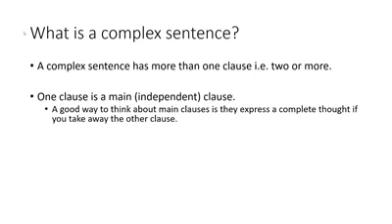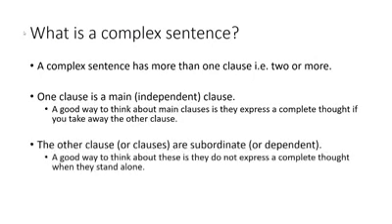When I say main clause, or if you see independent clause, that means it's the same thing, just different names. And a good way to think about main clauses is they express a complete thought if you take away the other clause. If you deleted the other clause, or covered it up, that main clause would make sense. It would express a complete thought.